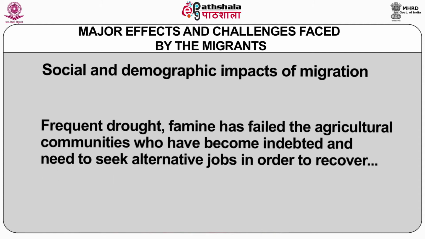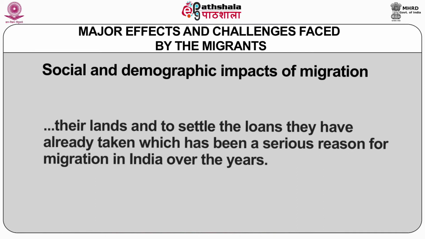Frequent drought and famine have failed the agricultural communities, who have become indebted and need to seek alternative jobs in order to recover their lands and to settle the loans they have already taken, which has been a serious reason for migration in India over the years.